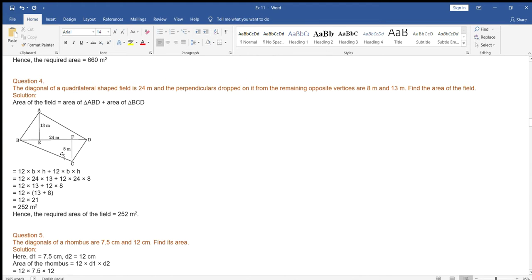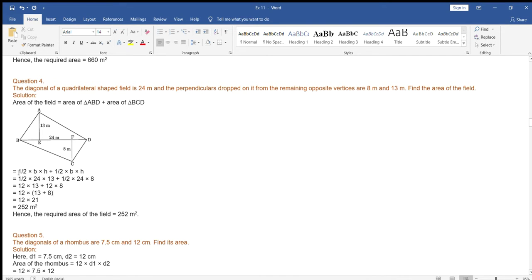Now we have to find the area of the field. Have a look here: this diagonal divides the quadrilateral into two triangles.